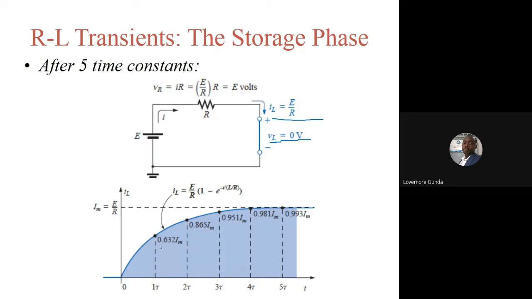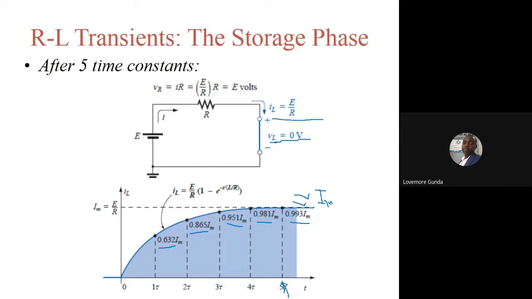You realize that in one time constant, it will rise to about 0.63 of the maximum value. Second time constant, 0.86. Third time constant, 0.95. Then 0.98, 0.993. We can approximate that it has reached the maximum value I max after 5 time constants. That is why we say it's fully charged.